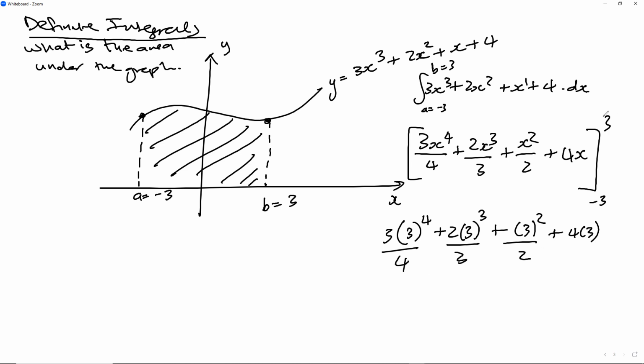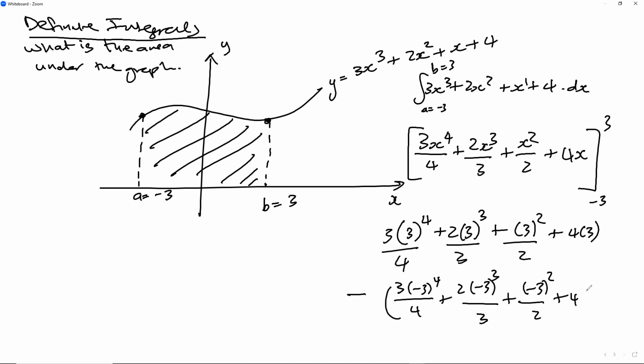And then once I've substituted 3, as you can see, into each term, I then subtract -3 substituted into each term. That'll become 3 times -3 to the power 4 over 4 plus 2 times -3 to the power 3 over 3 plus -3 squared over 2 plus 4 times -3, all in a bracket.